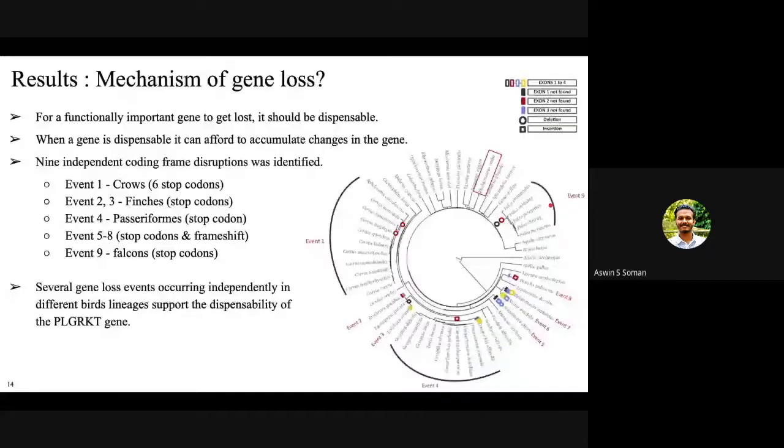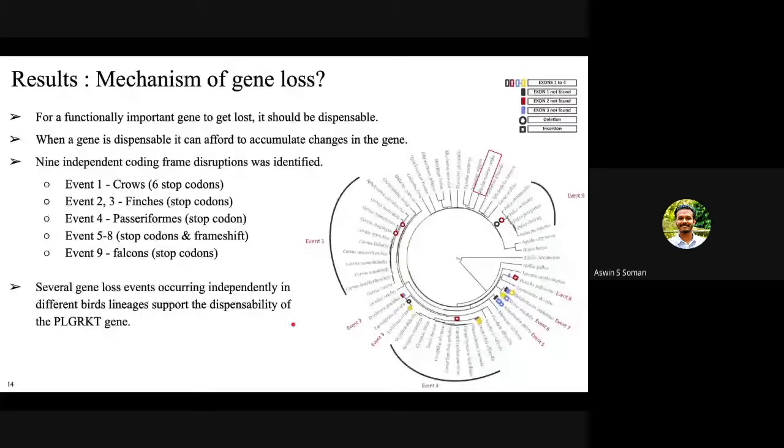So these changes are not just mutations; they all disrupt the coding frames. Hence, they are gene loss events. We checked RNA expression and synteny, and all of them suggest that this gene is not expressed in all these species which had coding frame disrupting mutations.